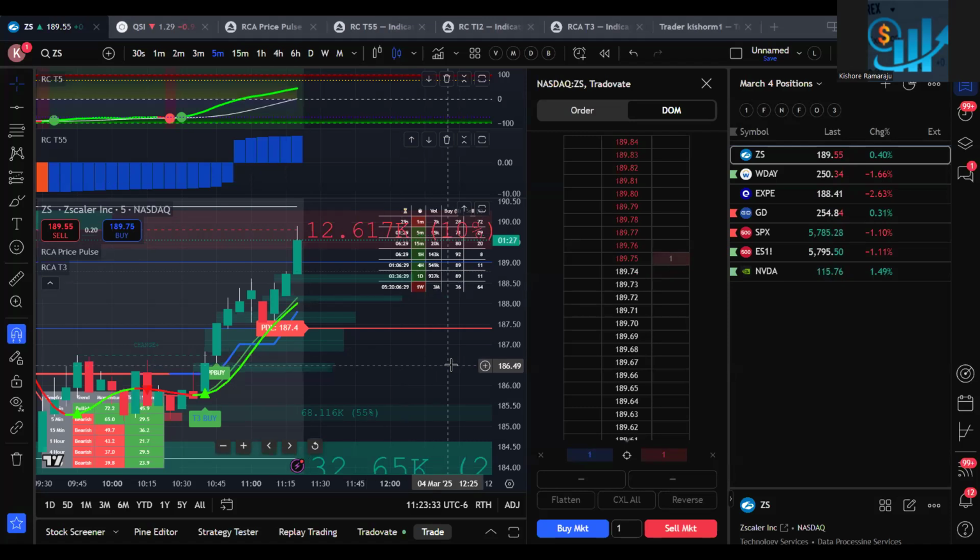So you can take profits on ZS. That made nearly 20% within a few minutes.